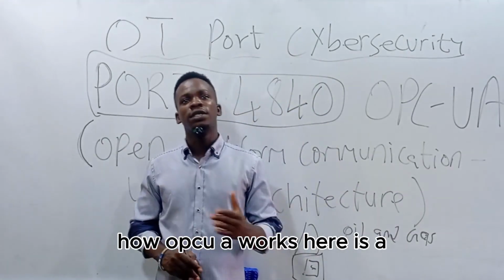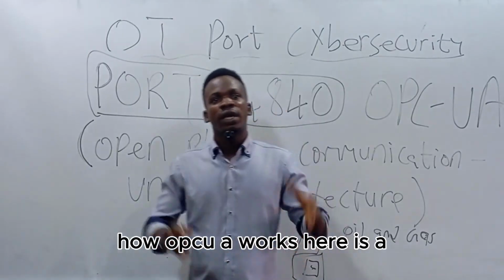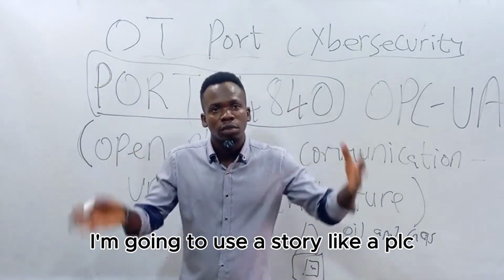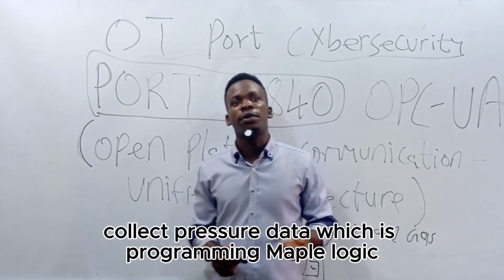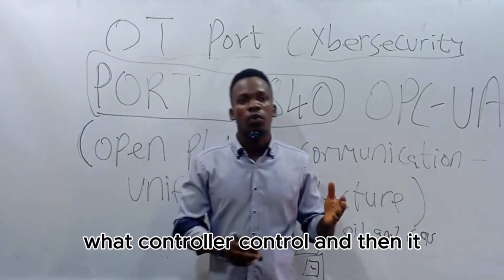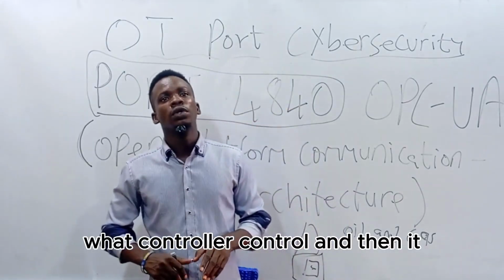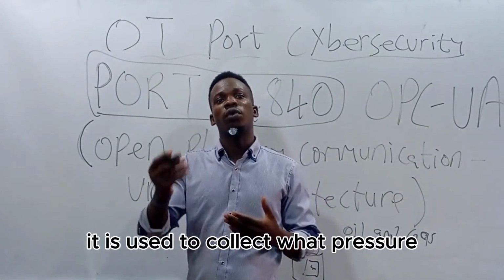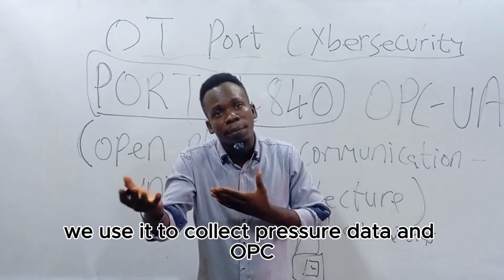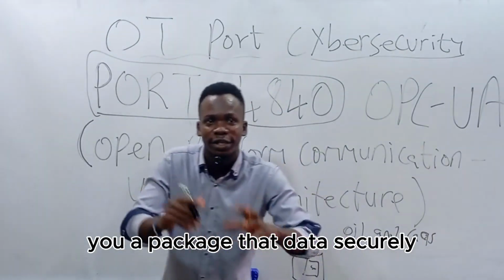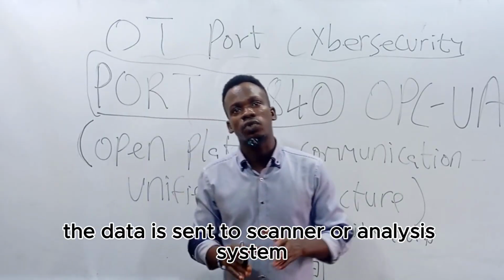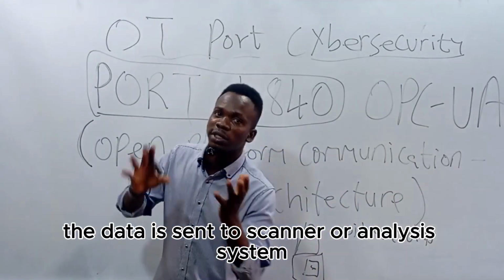How does OPC UA work? Here we are going to use a story. A PLC, which is a programmable logic controller, is used to collect pressure data, and OPC UA packages that data securely. The data is sent to SCADA or an analytics system.